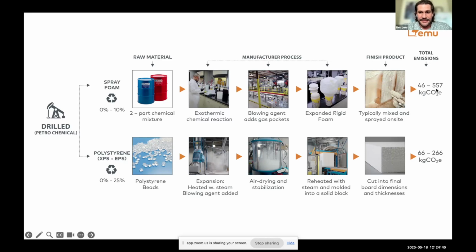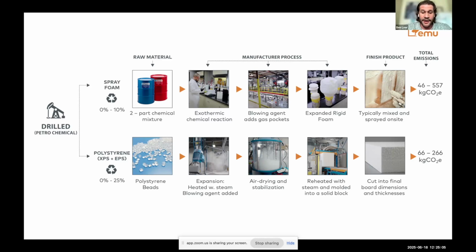A slightly less emitting product, but still higher on our scale, will be something like polystyrene. This is either in XPS or EPS form. Here we're looking at the EPS process, so the expanded polystyrene. Here we're looking at the raw product, which are these little polystyrene beads.